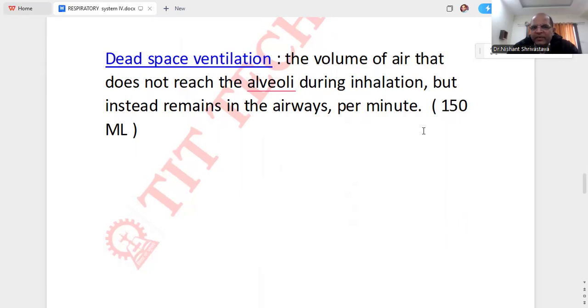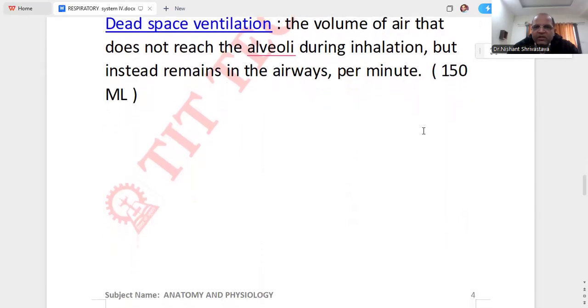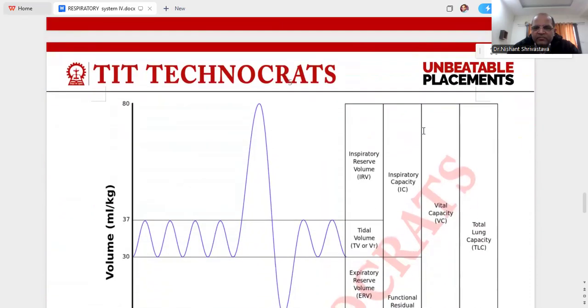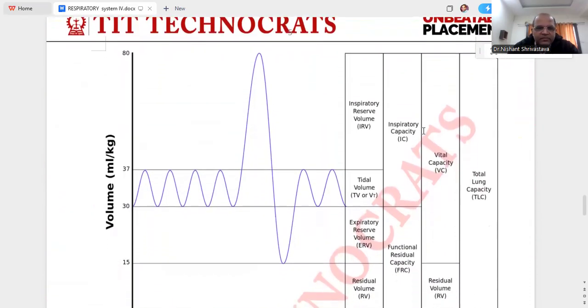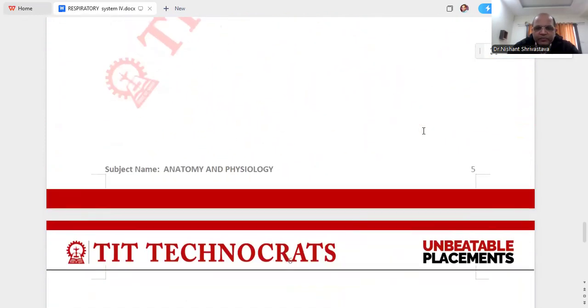So it is dead space ventilation. It is not functional in respiratory exchange.